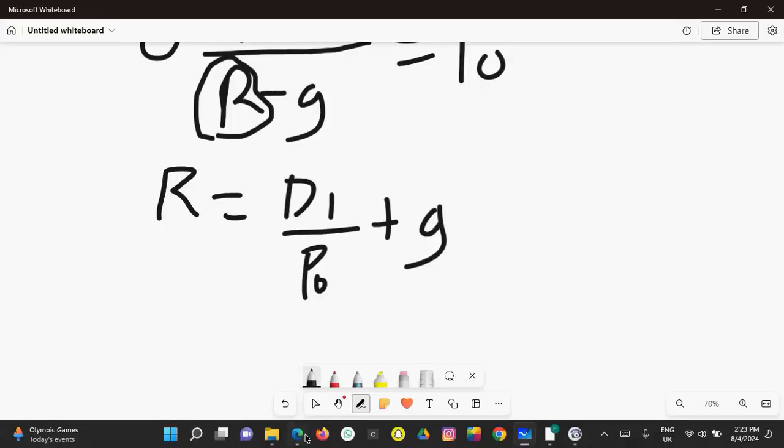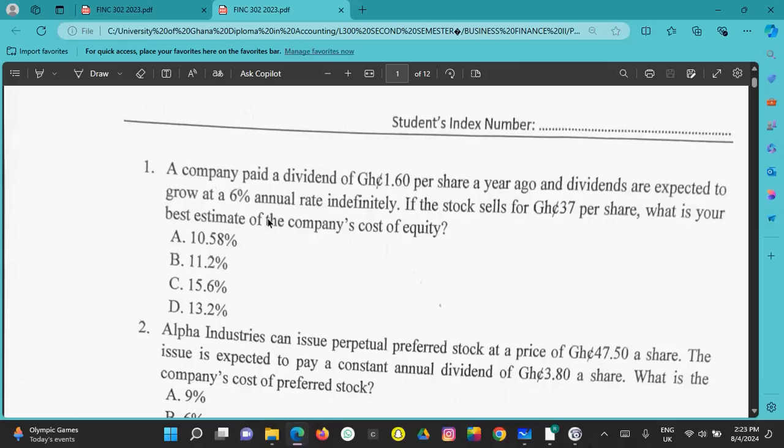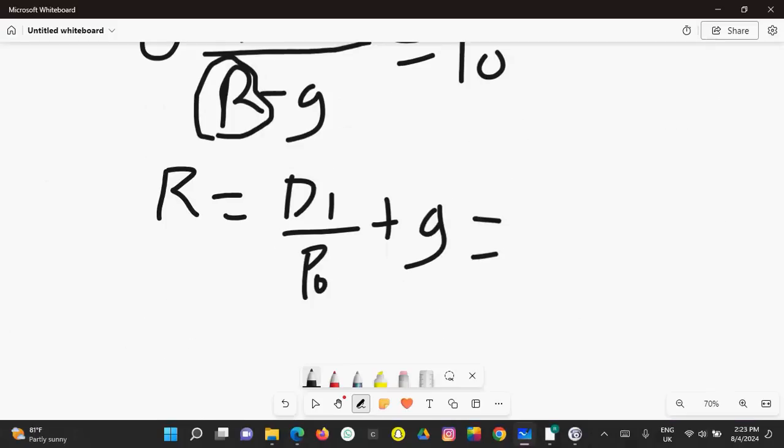And in the question, we are given the dividend a year ago. So since we have to solve for D1, we have to grow it by the growth rate. It is expected to grow at 6%. So you have to grow it by the 6% and then solve for this. So D1 is equal to D0 times 1 plus G, right?